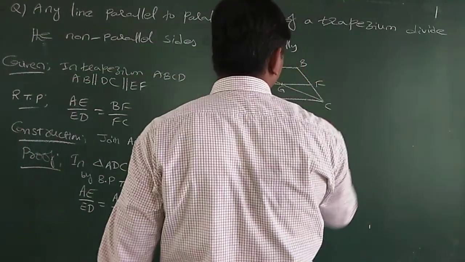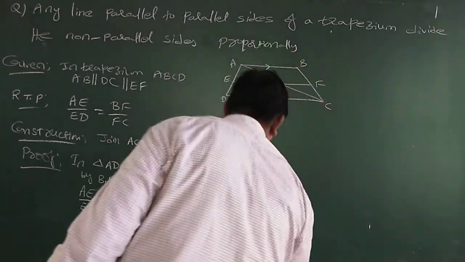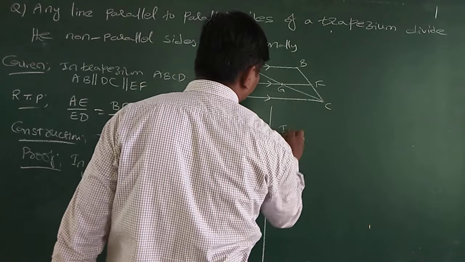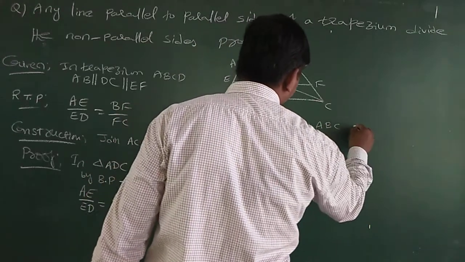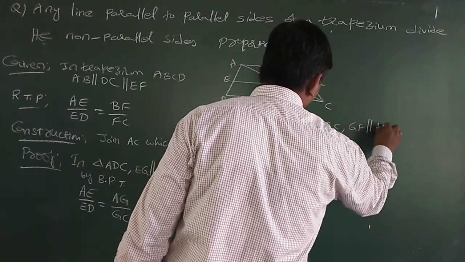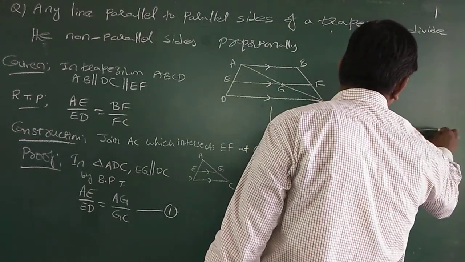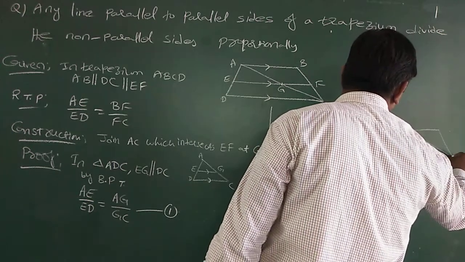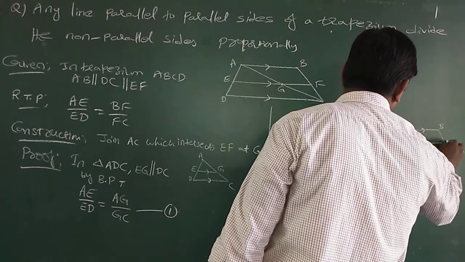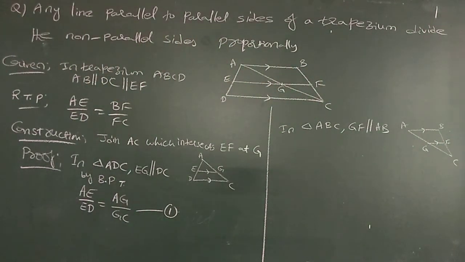Okay. Now again take triangle ABC. In triangle ABC, GF is parallel to AB.